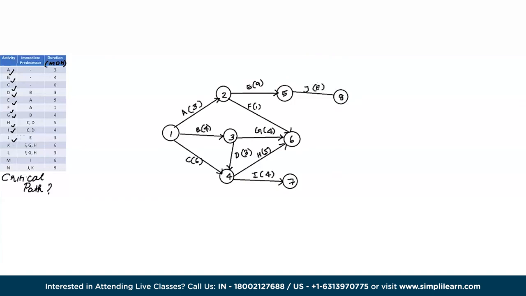So finish J. And since J and K together connect towards N, we can also assume that K goes from here, from node 6 to 8.